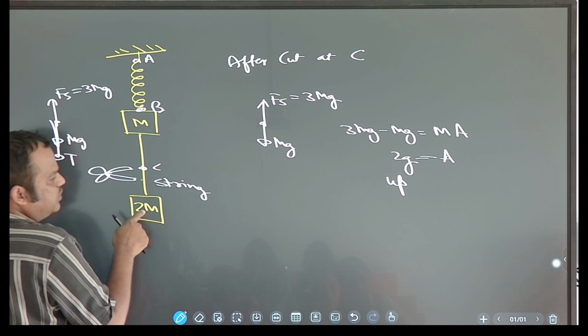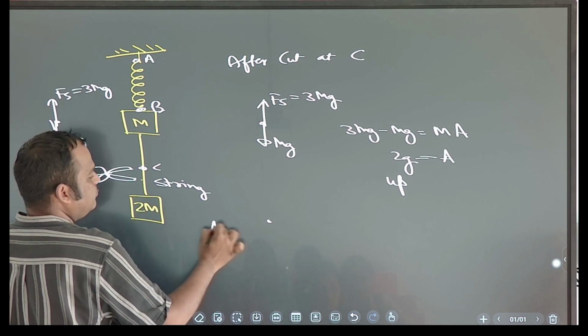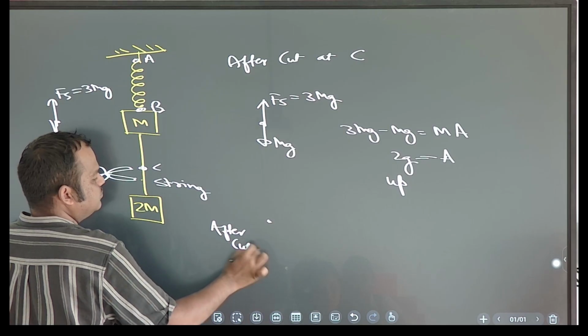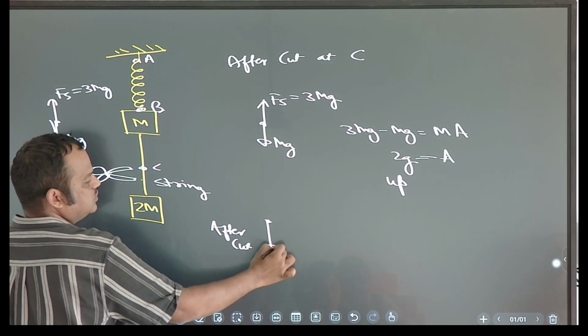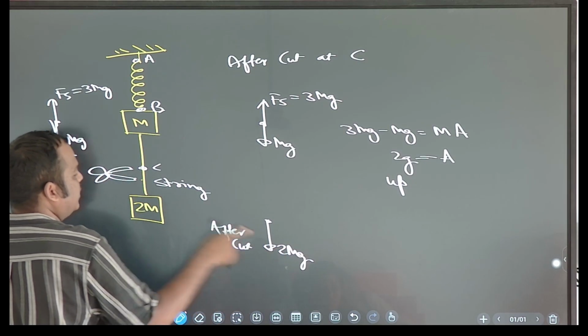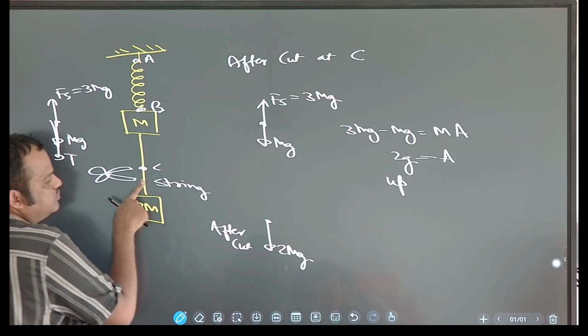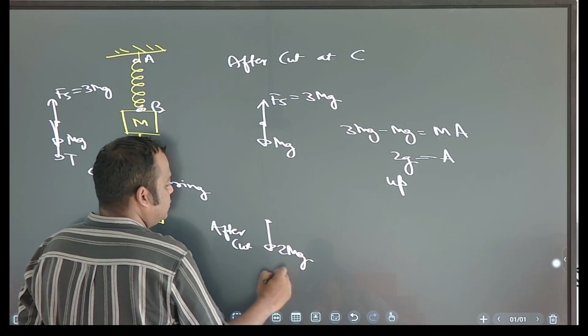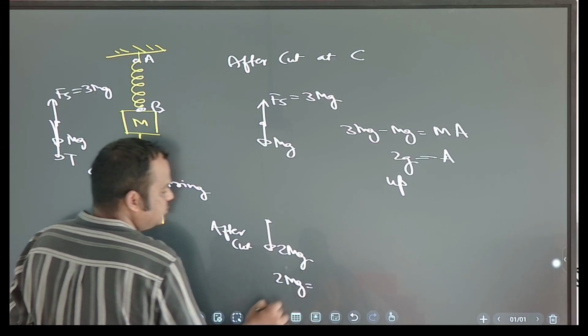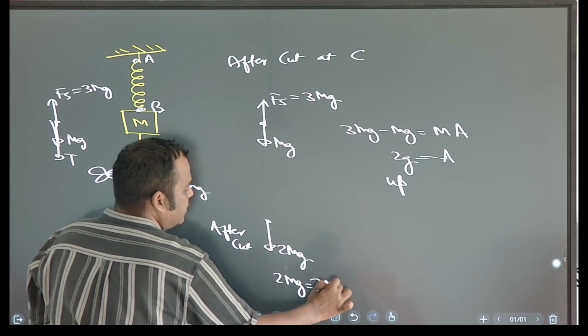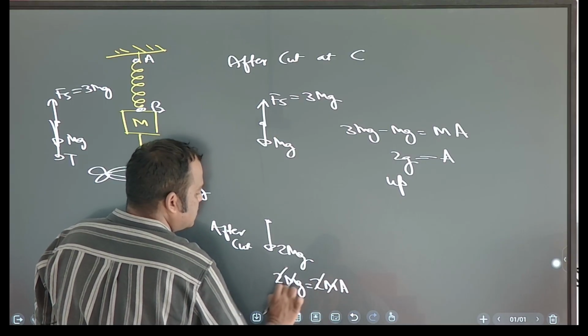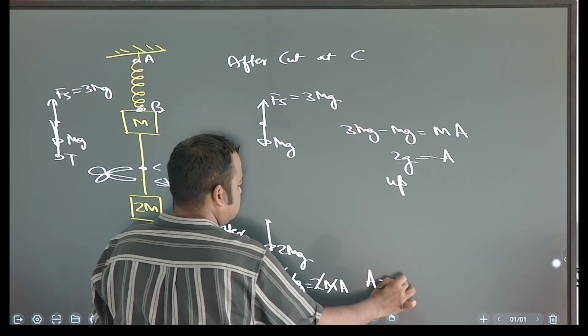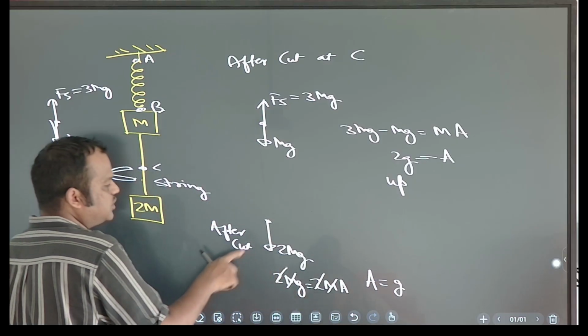Now for 2m, after cut, what is the downward force? 2 mg. Any tension? No tension. So 2 mg is equal to 2 ma. So 2m cancel. So what is the acceleration? G. And what is the direction of acceleration?